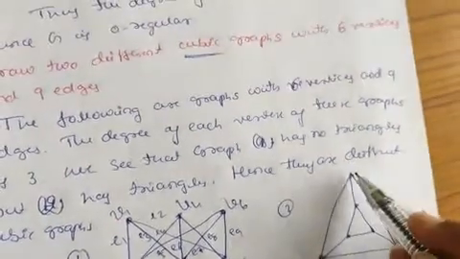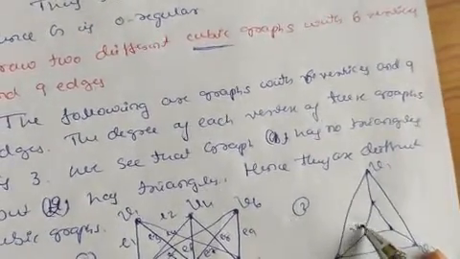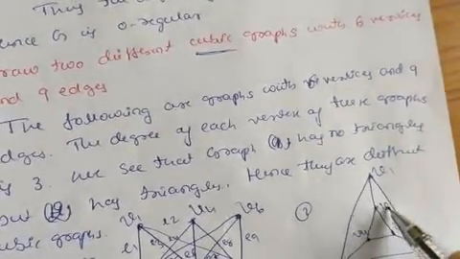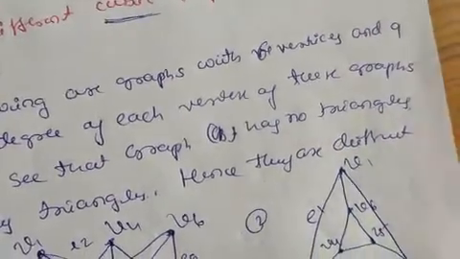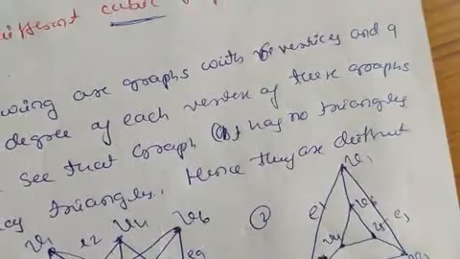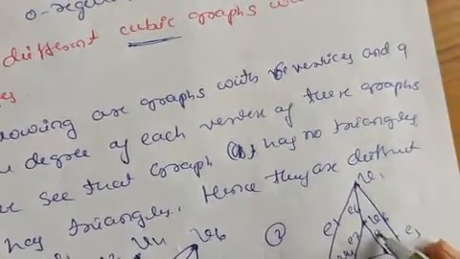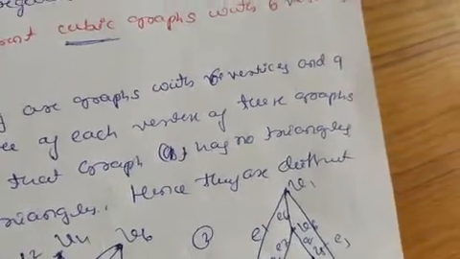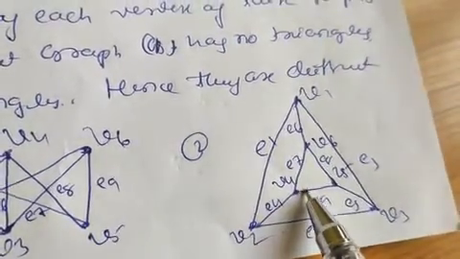Here also we have it like this only. First V1, V2, V3, V4, V5, V6, and the edges E1, E2, E3, E4, E5, E6, E7, E8, E9, and the degree of each vertex is 1, 2, 3. This vertex also 1, 2, 3.